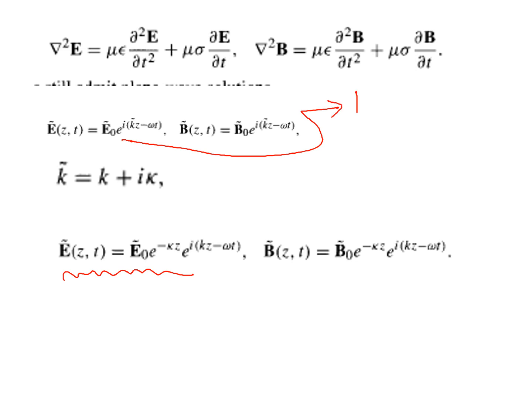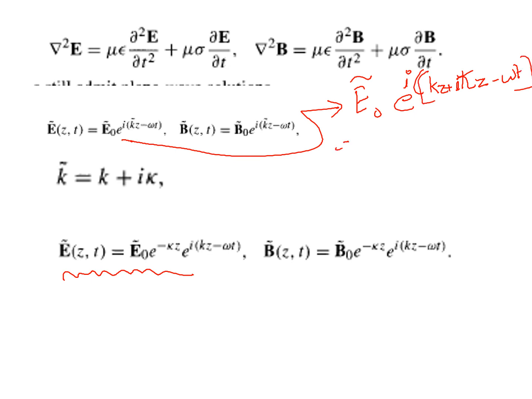When you expand that, it becomes E0 complex e to the power i times k complex z. Instead of k complex, you can write k plus i kappa. So it becomes k z plus i kappa z minus omega t.